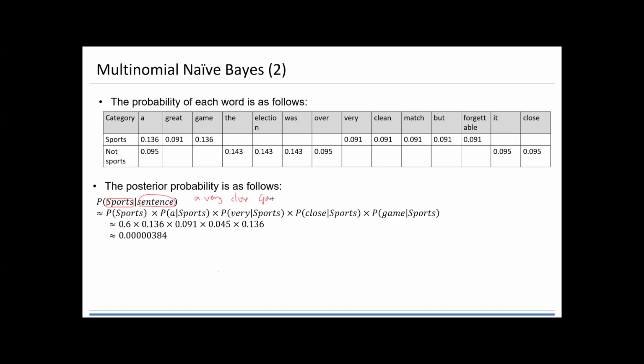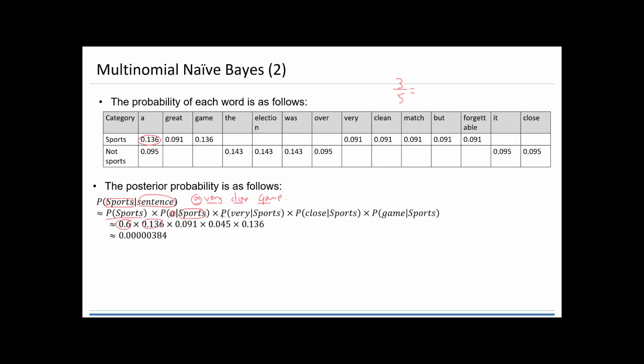Then it means I want to know what is the probability of sports, which is 0.6. We know from the previous one there are 3 out of 5 data that are sports. And then a very close game. So I want to know the probability that it belongs to sports. So this one is 0.0136.